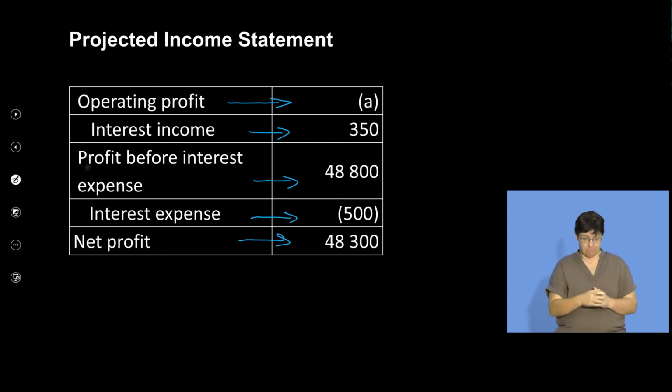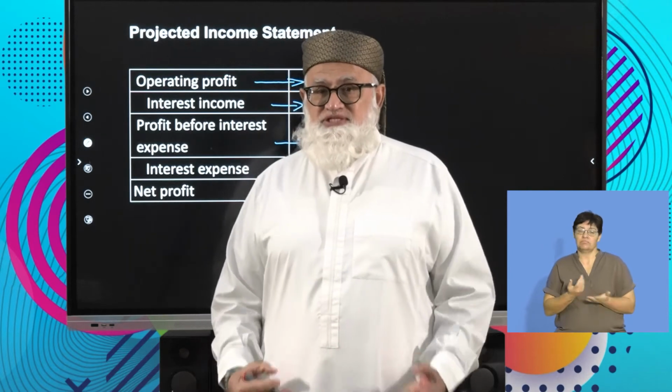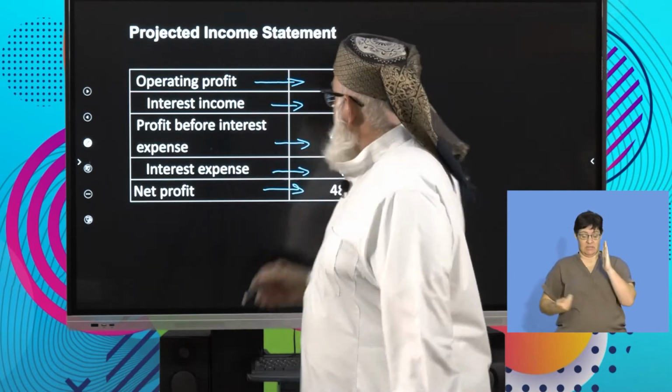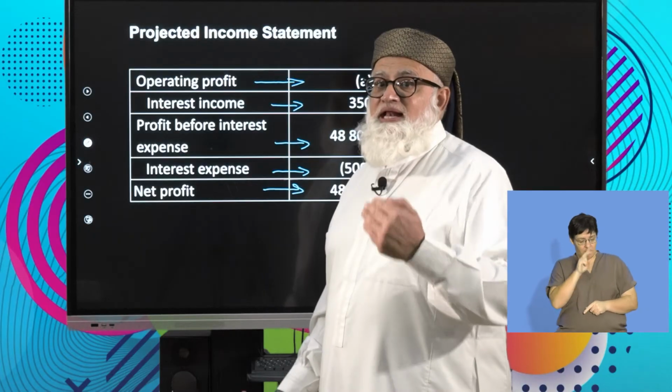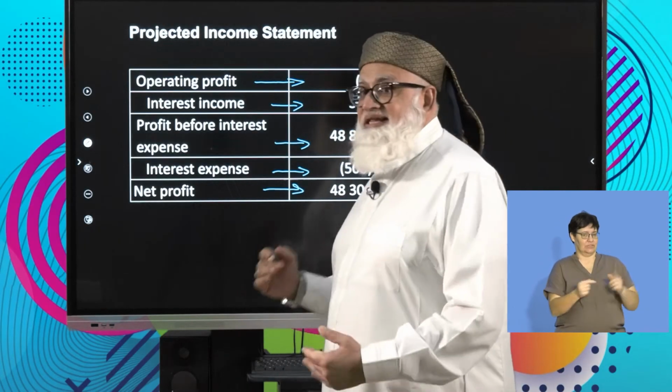Now, the secret to this is, generally when you are doing an income statement, you're working from the top of your income statement to the bottom, to your final answer, which is your net profit. But in this case, as you can clearly see, it is slightly different.